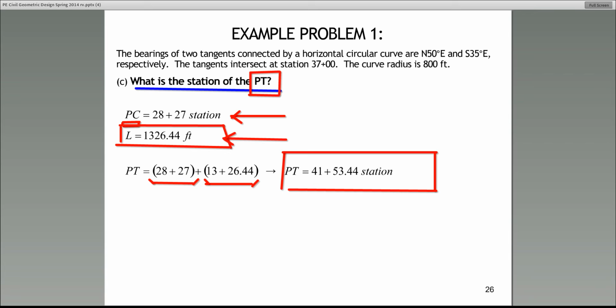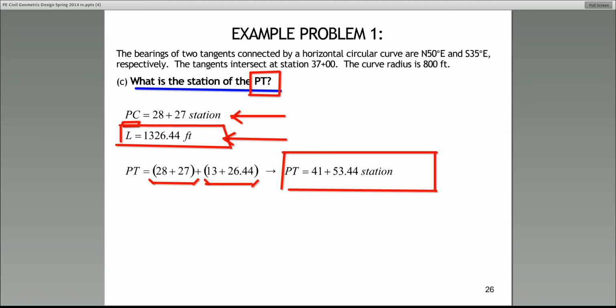Now, let me tell you the common mistake. The common mistake is for people to take the tangent distance, capital T, and add that to the station of the PI. If you do that, that is incorrect, and I guarantee you the first distractor will be calculated that way because that's a very common mistake.